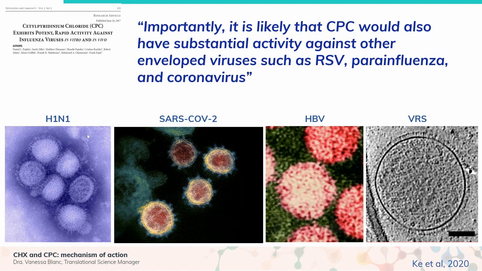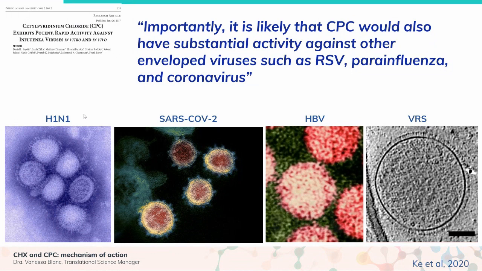It's likely that CPC would also have substantial activity against other enveloped viruses, such as respiratory syncytial virus, parainfluenza, and coronavirus. So I have placed in this slide 4 different types of virus. They are completely different, but they share one morphology. All of them have an envelope composed of a lipid bilayer of phospholipids.